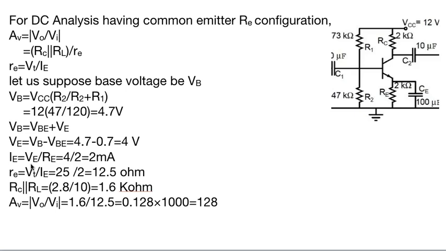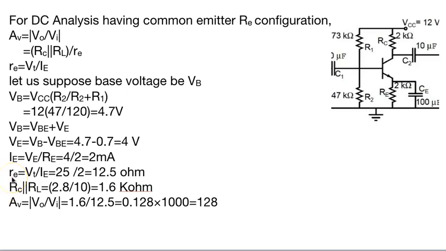Now for the AC analysis, or the effect of the capacitors, what you do is short circuit all the capacitors. With all capacitors short circuited and the DC supply grounded, Rc will be across the load, and since there is an RL in the question, Rc and RL become parallel to each other.